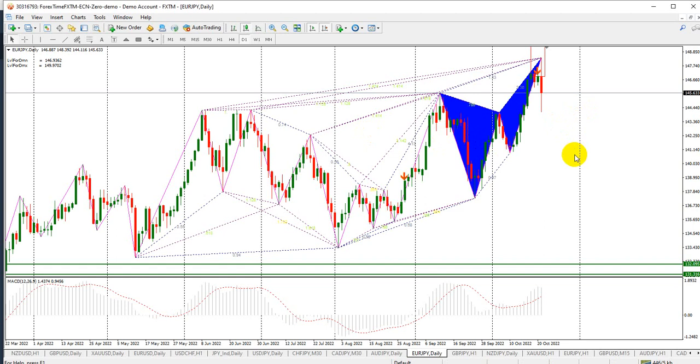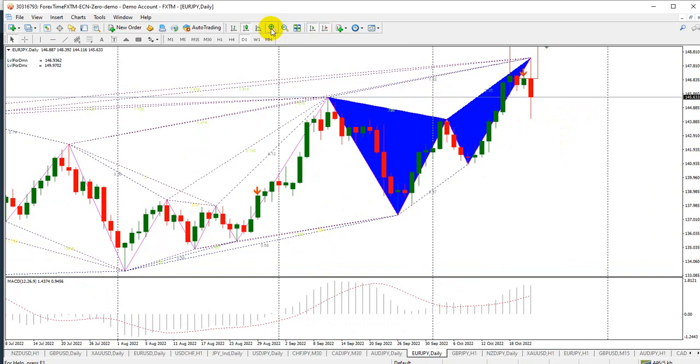All right. So look at the last move for Euro JPY. This last week move, you see that currently price tried to move higher. This is the D point and actually started selling from the D point.